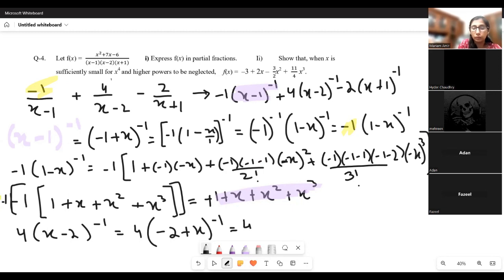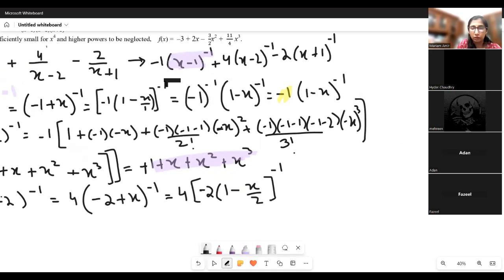Take minus 2 common, 4 brackets, power minus 1. Take minus 2 common, and we get 1 minus x upon 2.